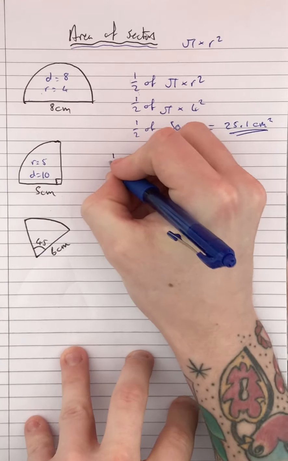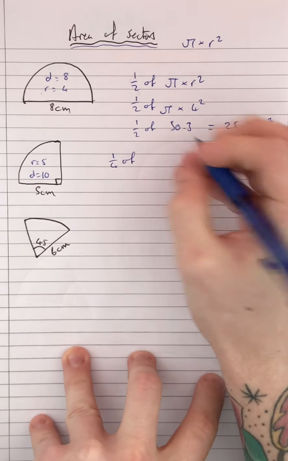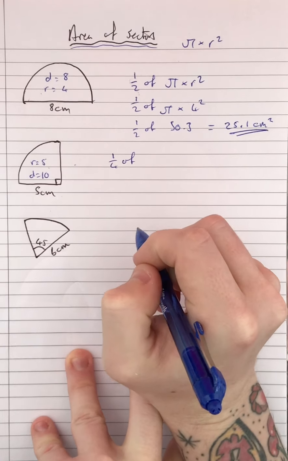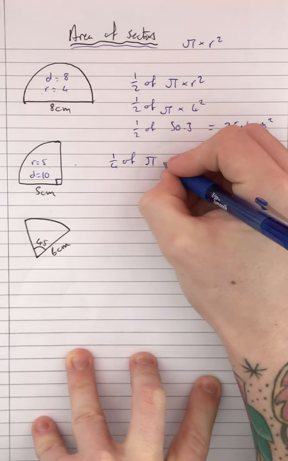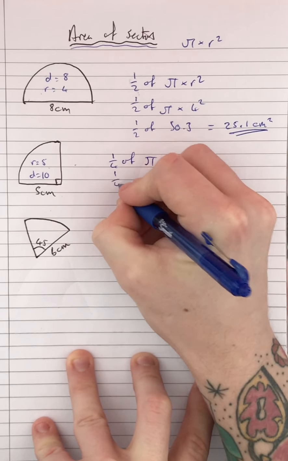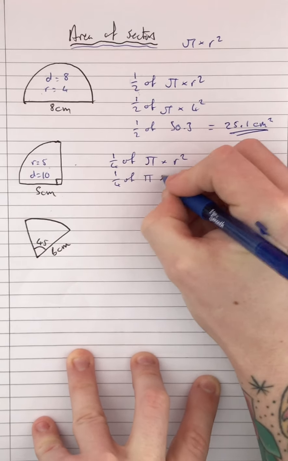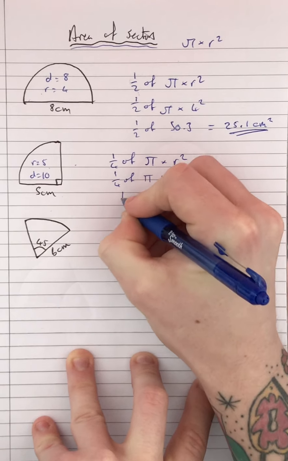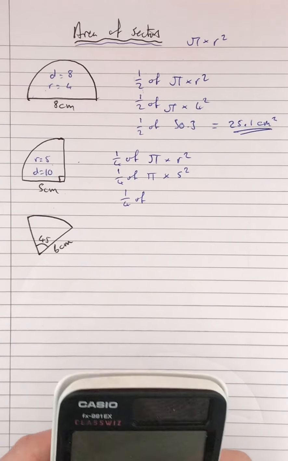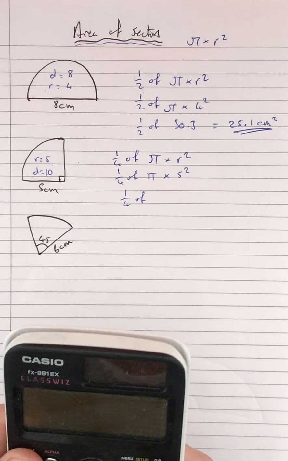This time we've got a quarter of the circle. We know that because that's a right angle, and 4 of those would make a whole circle. Our radius is 5, so it's going to be a quarter of pi times 5 squared. So I'm just going to work out pi times 5 squared on my calculator.